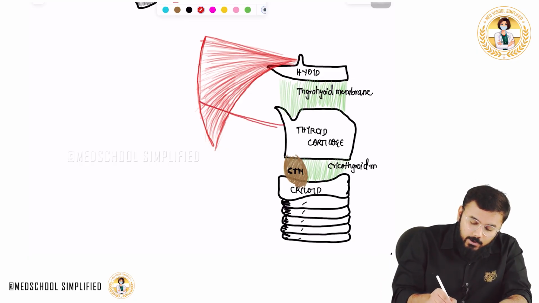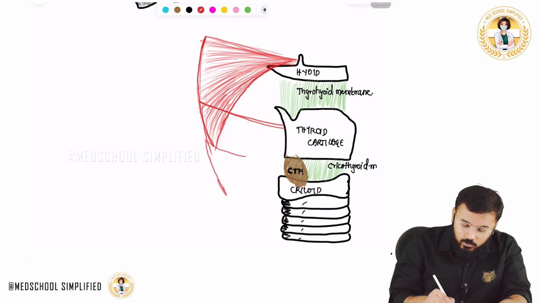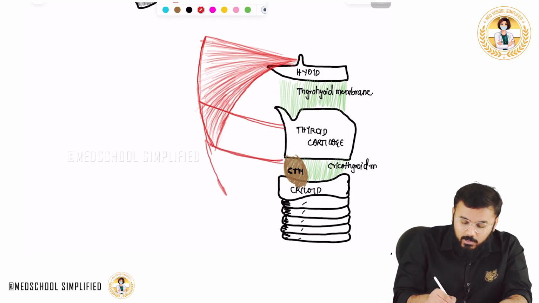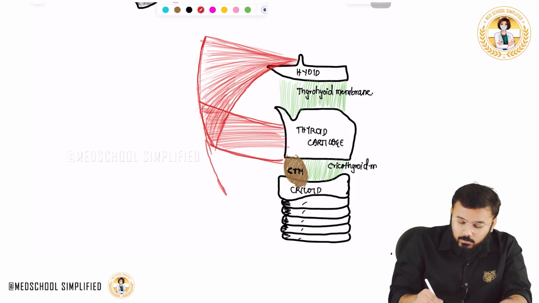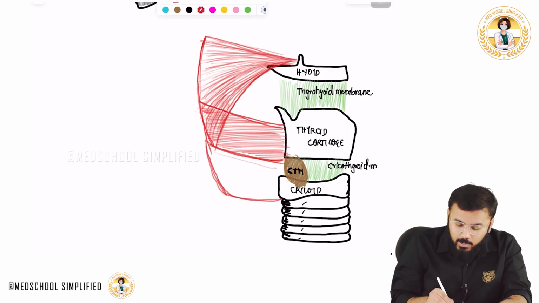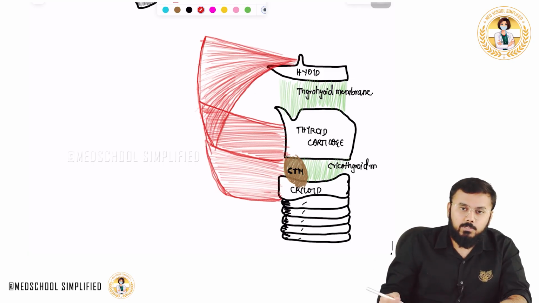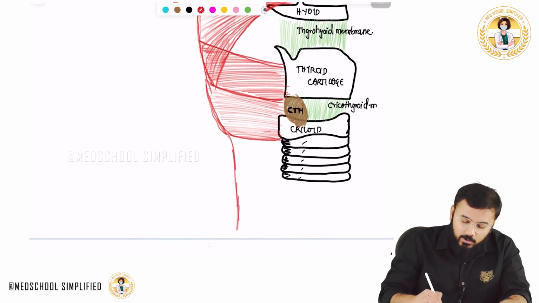From the thyroid part, whatever muscle is coming down all the way like this, this part of the muscle is called your thyropharyngeus muscle. Next, till the cricoid bone over here, this part of the muscle you call a cricopharyngeus muscle. So one is your thyropharyngeus and the other is your cricopharyngeus muscle. And down here you have got your esophagus.